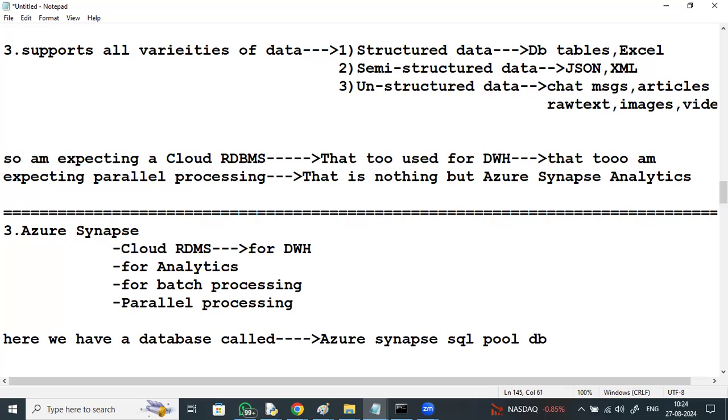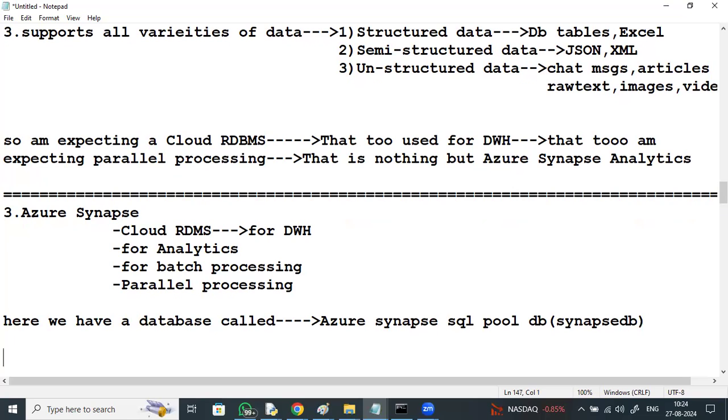That is nothing but Synapse DB. What is Synapse DB? Nothing but the cloud data warehouse of Azure.